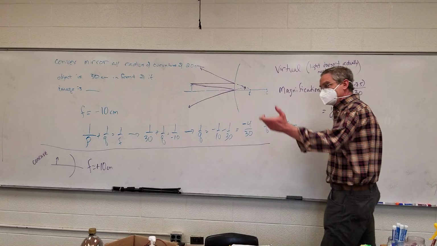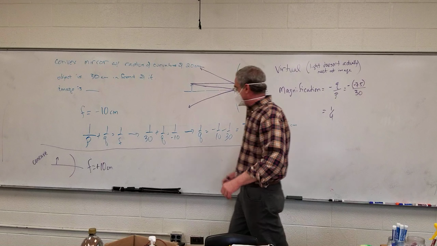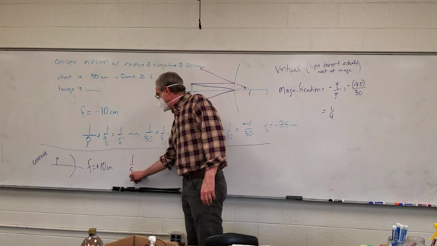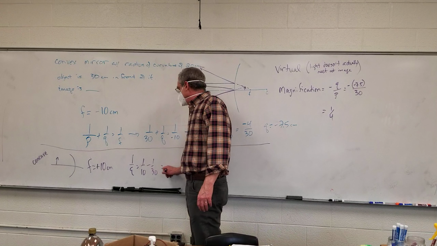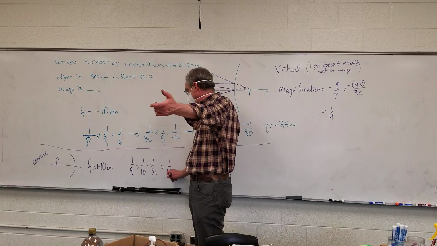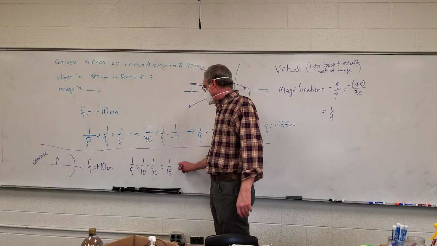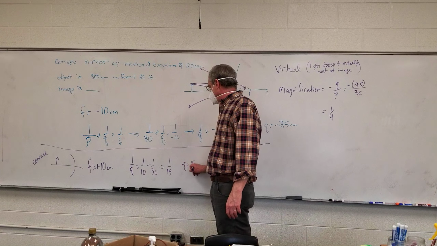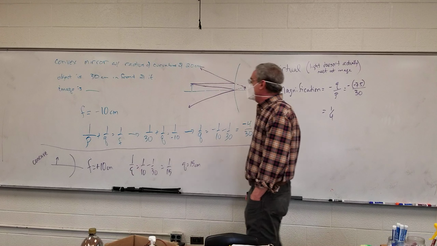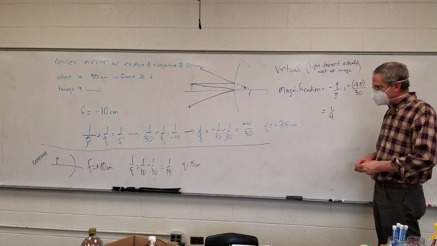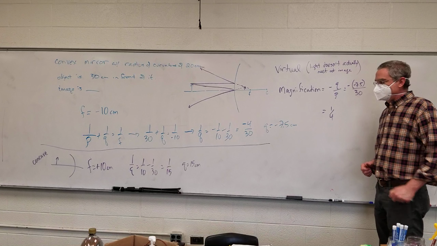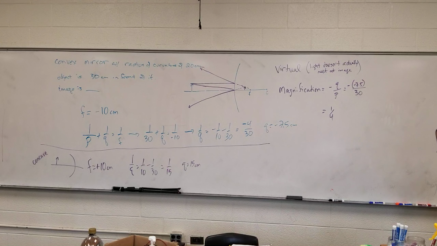So then 1/q would be 1/10 minus 1/30. And we get 1/15, and this is what Ronald was doing. So q is 15 centimeters. What's the magnification gonna be?